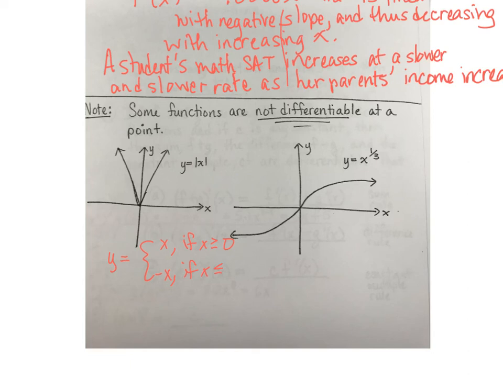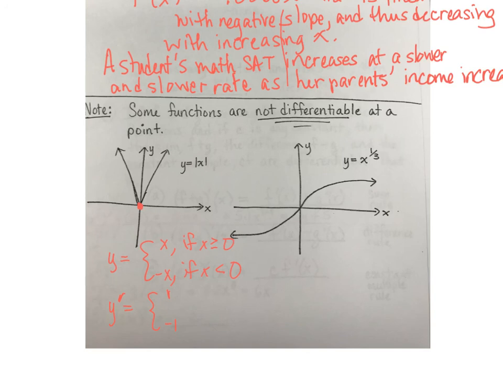That should be strictly less than, not less than or equal to, so let's erase that. If we differentiate each part of that piecewise function, y prime is equal to 1 there and negative 1 there. So note that your function, y equals the absolute value of x, is not differentiable at 0. Okay?